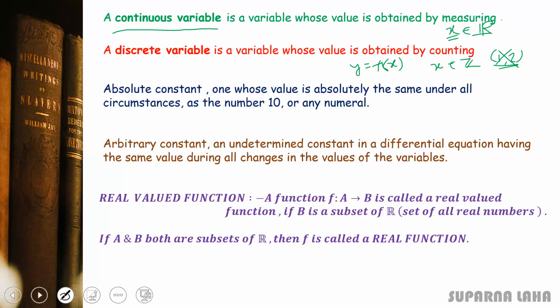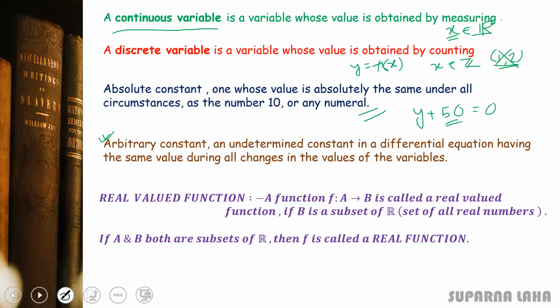Now absolute constant and arbitrary constant. This arbitrary constant is very, very important for your next chapters. Now what is an absolute constant? Absolute constant means numbers, if I choose 10, 11, 12, 9, 100, 200, 300, like any number is given as a constant, like y plus 50 equals 0.